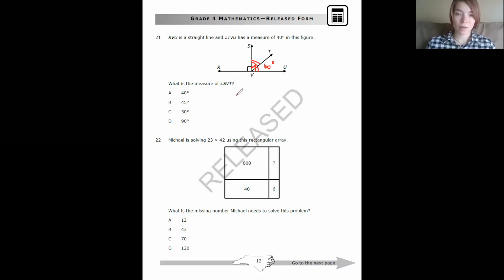That means that whatever the measure of angle SVT is, plus 40 degrees, since that's the measure of angle TVU, has to equal 90 degrees.